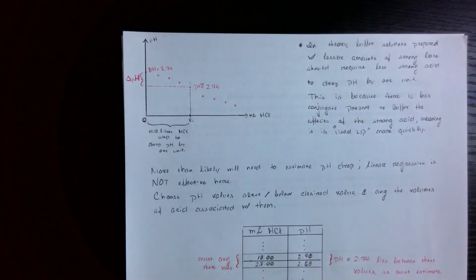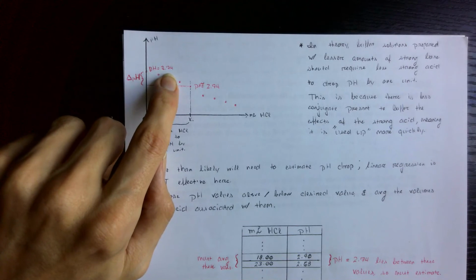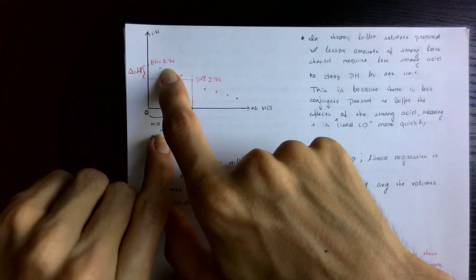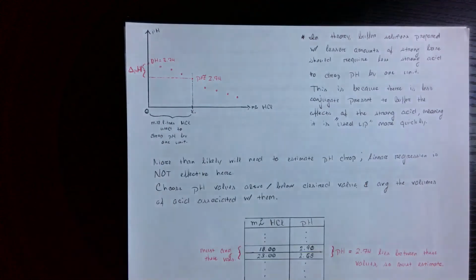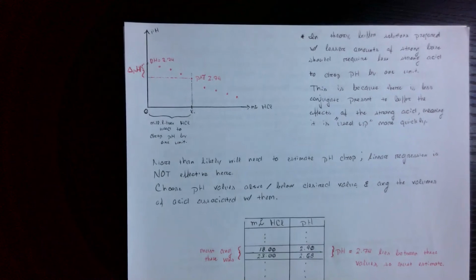That failed miserably. You get a really good straight line fit if you do this, like 0.95 for your R-squared value. But the y-intercept should be your starting pH, which should be about 3.74. That's not what happens when I do a straight line fit, even though it's got a really good correlation value.